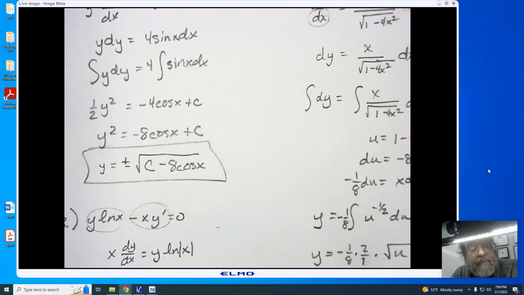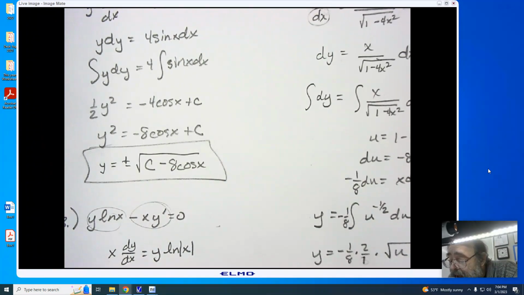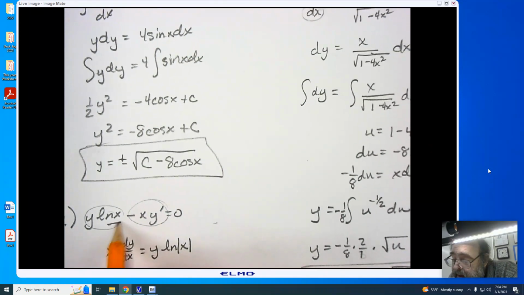And I like to put my absolute values around it. Granted, they're obviously saying that the domain is going to be all x values greater than or equal to 0 based upon the information they've given me right here. But I like the absolute value. Keeps me honest.